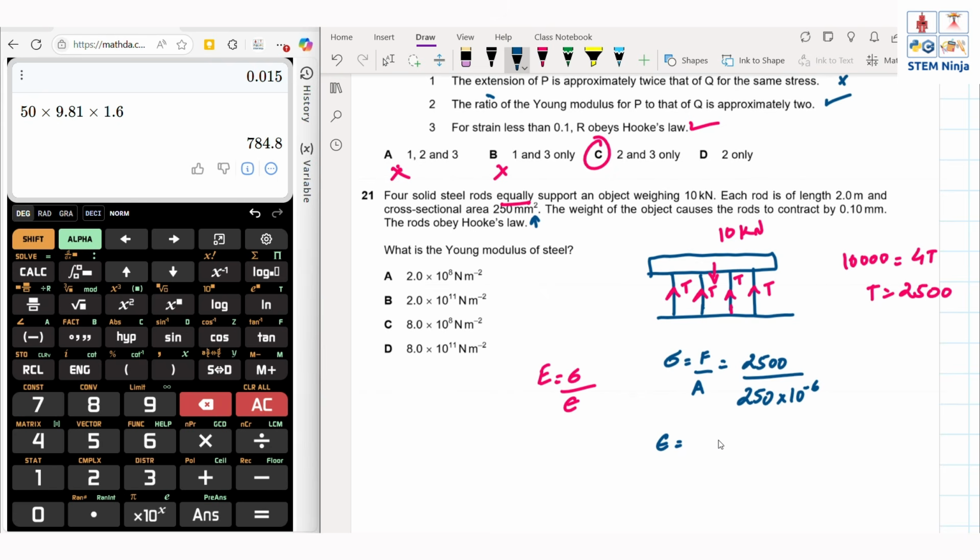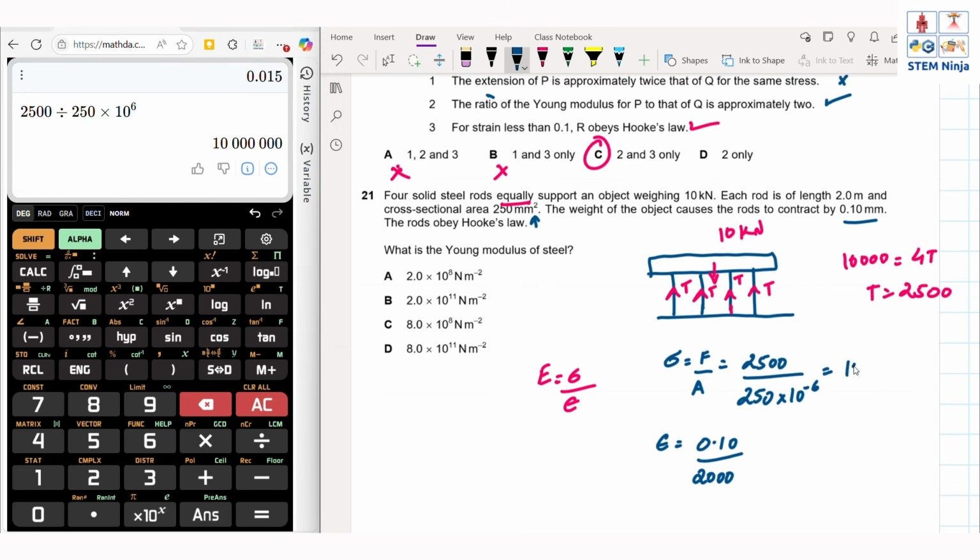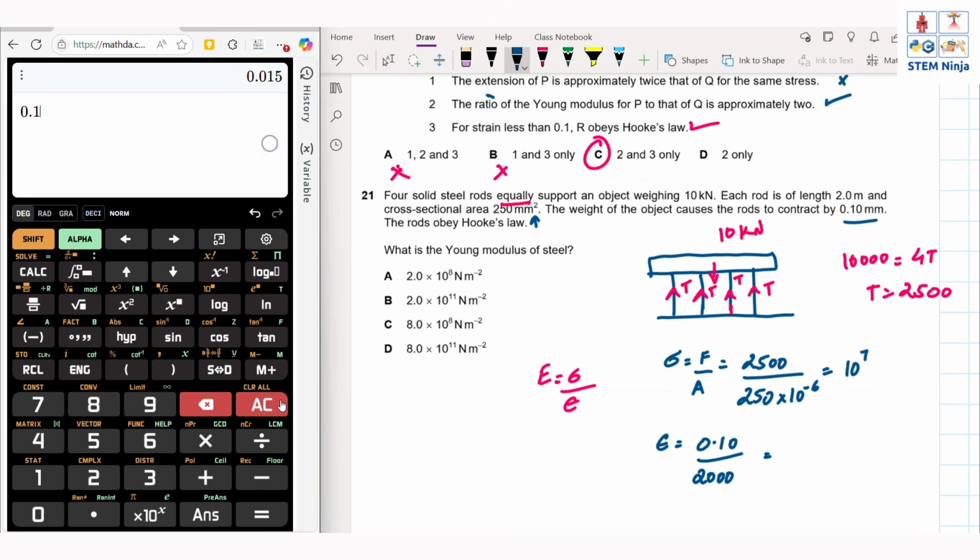And strain is 0.10 millimeters over 2 meters converted into millimeters, that would be 2000. So 2500 divided by 250 times 10 raised to power minus 6 is 10 raised to power 7 basically.